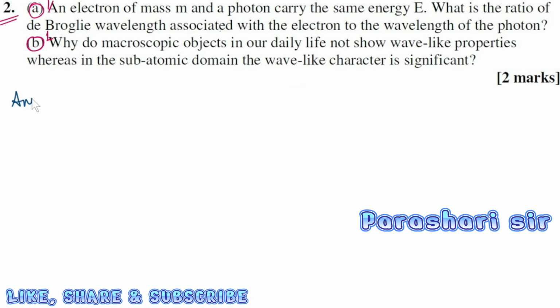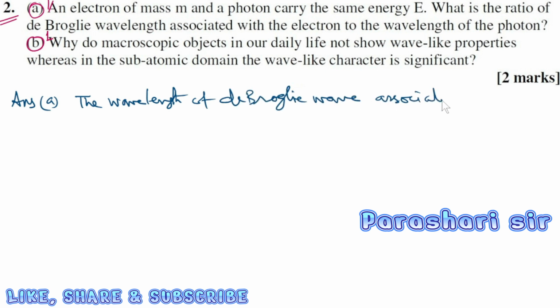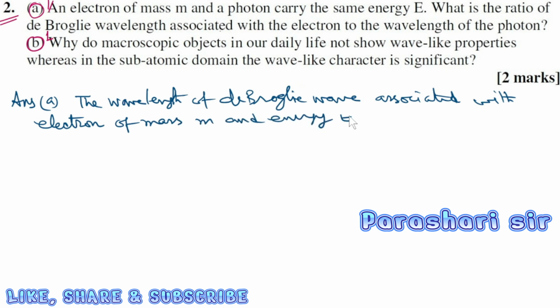Now answer. Part A. The wavelength of de Broglie wave associated with electron of mass m and energy E is lambda_e equals h upon square root of 2mE. This is relation number 1.